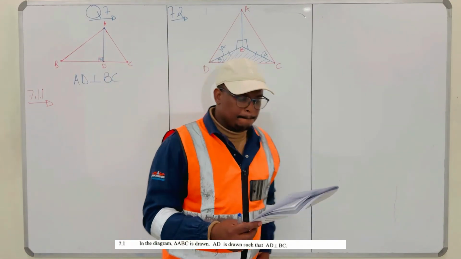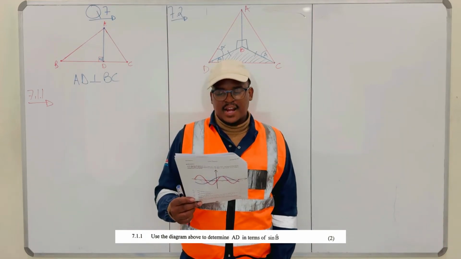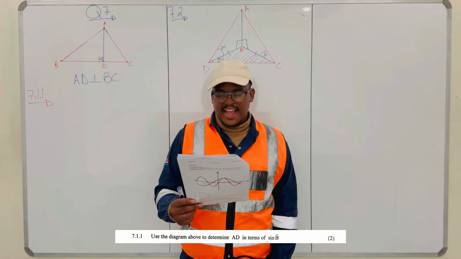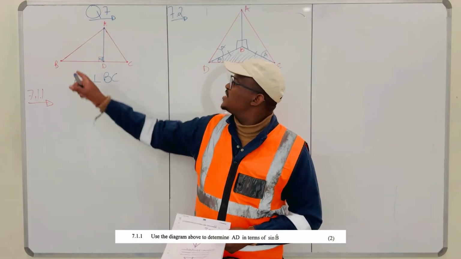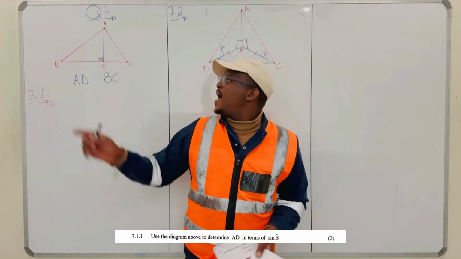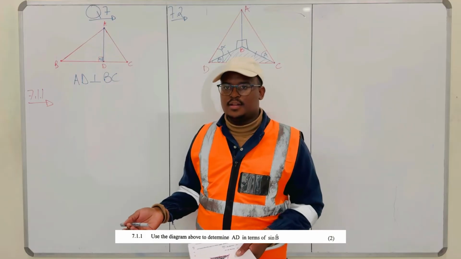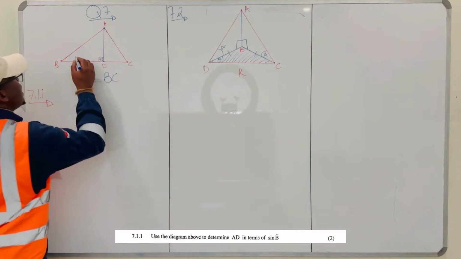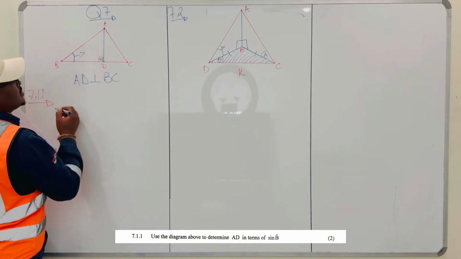No problem. Okay, so now 7.1.1. They're saying use the diagram above to determine AD in terms of sine angle B. So where's angle B? Angle B is here. And what do we want? We want AD.